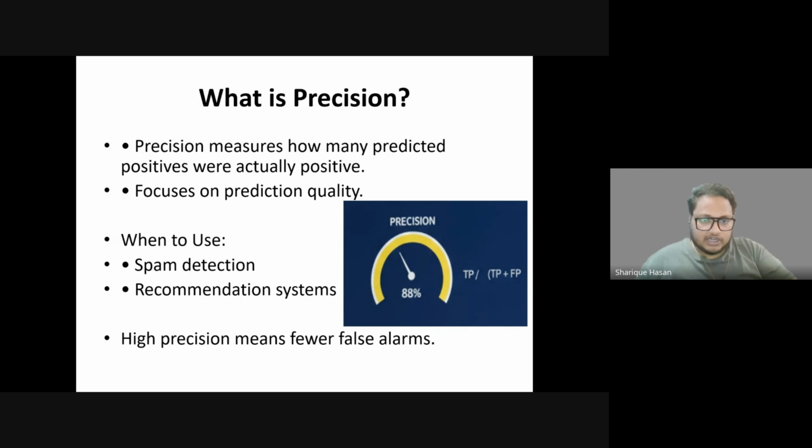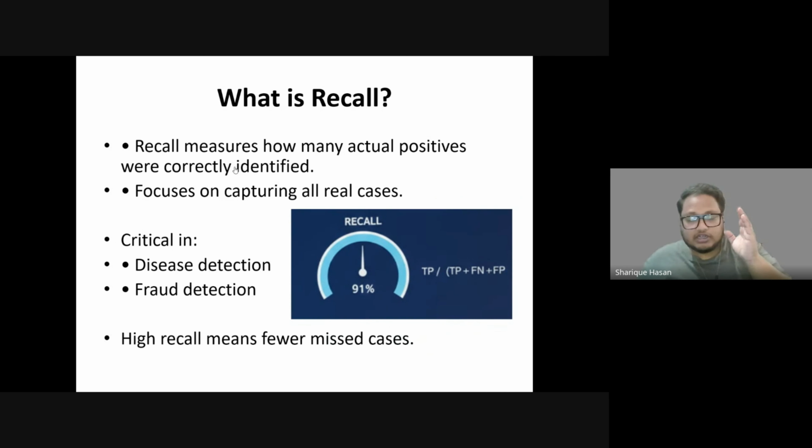It reduces false alarms, or anything wrong. And in recall, it avoids missed cases, or it actually finds the actual positive cases which were in the negative. So the formula is also very clear: true positive divided by true positive plus false negative, covering all the actual positive values.